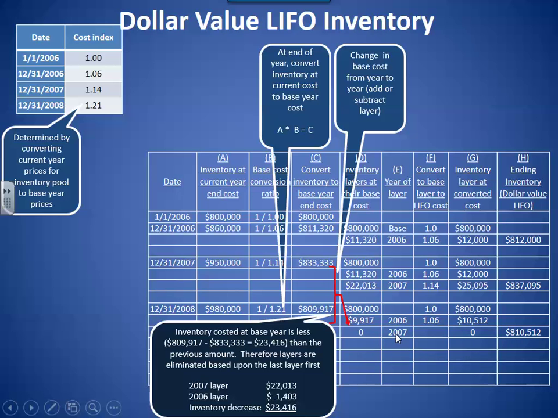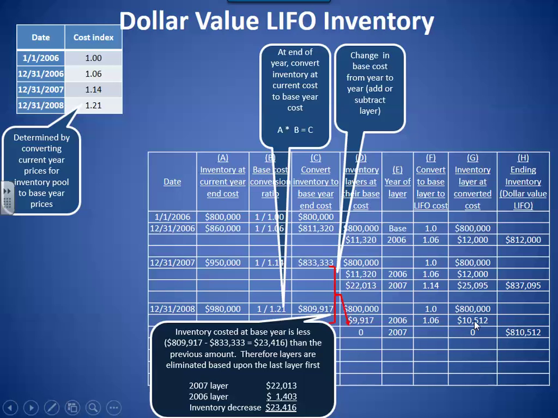So now we have to convert those base years back to our current years to arrive at the LIFO calculations. So we take our inventory level at base year cost, 800,000 times the base year index of 1, that's 800,000. We take now the $9,917 that is remaining in the 2006 layer, and we convert it at 1.06.